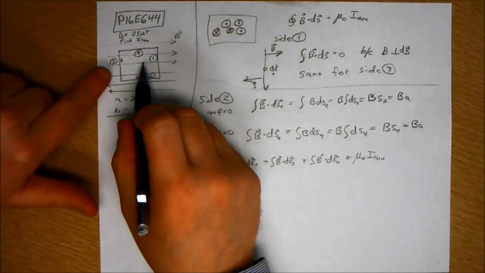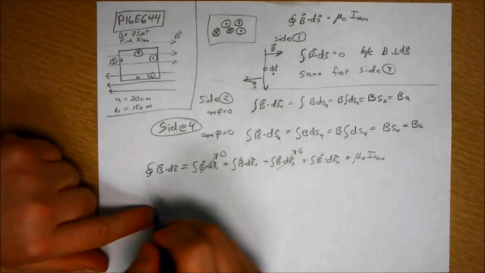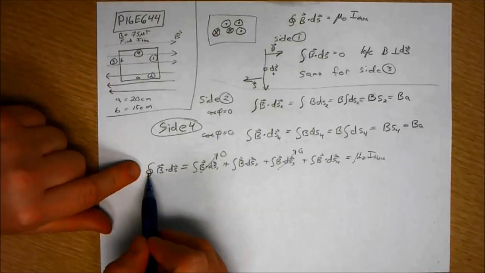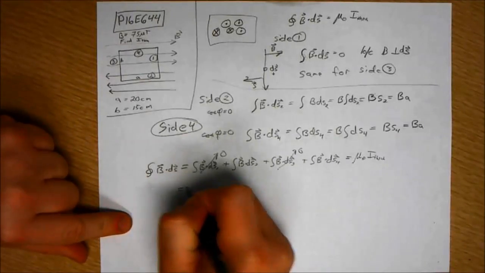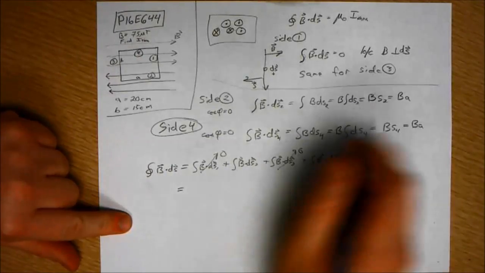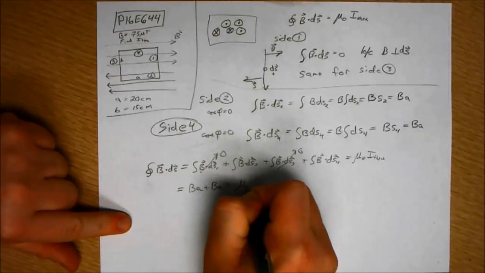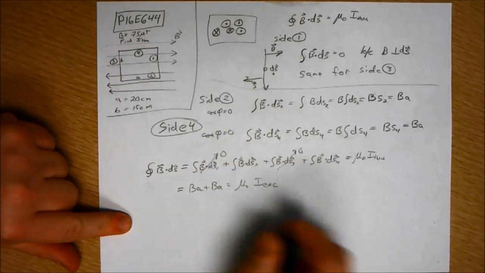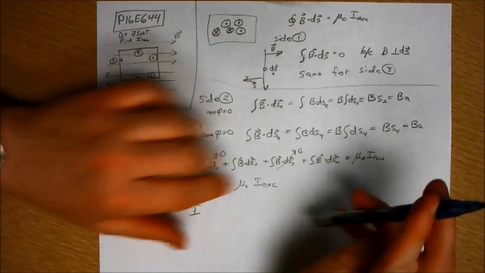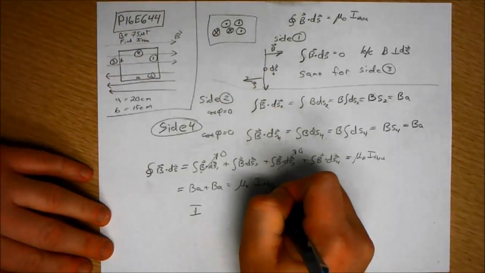We know 1 and 3 are 0. So this equals the integral of B dot ds2 and B dot ds4, which is just BA plus BA equals mu naught I enclosed, or rather I through. I'm just trying to differentiate from Gauss's law.